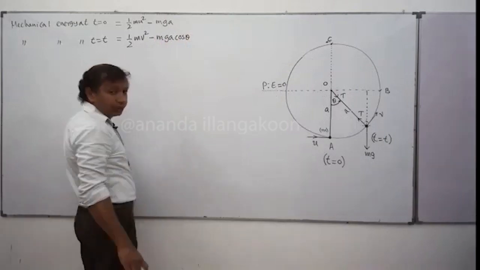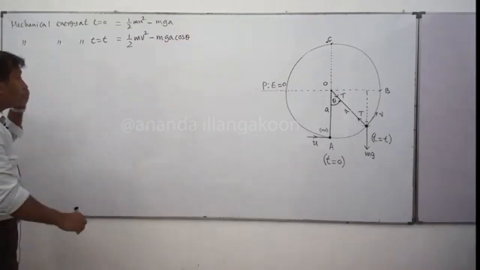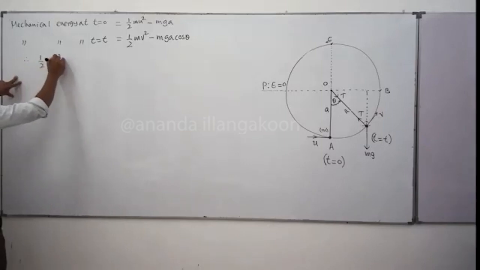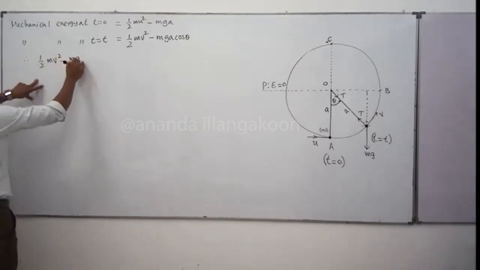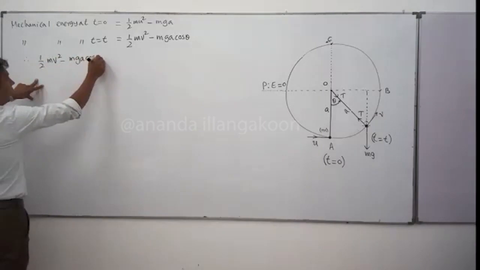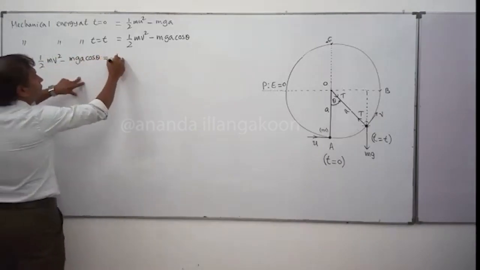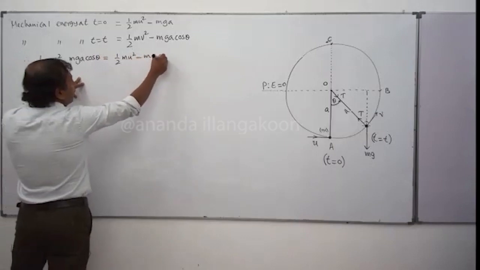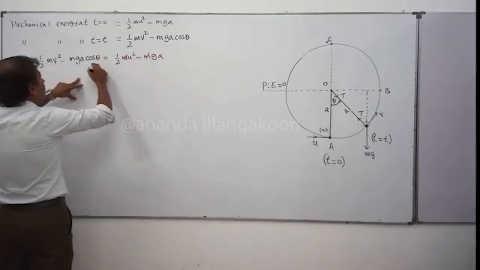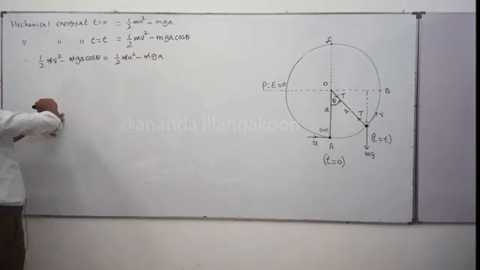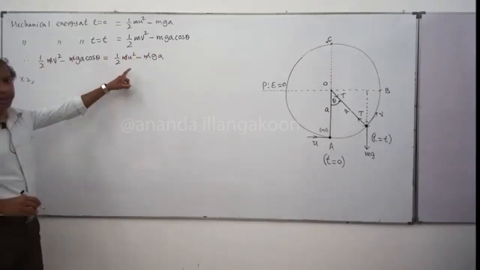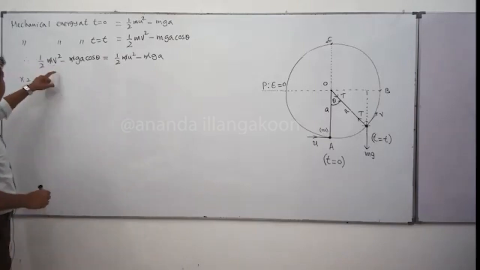Okay? These two must be equal. Therefore, we can write half mv squared minus mgA cos theta is equal to half mu squared minus mgA. The m you can cancel. Then multiplying by 2 and taking this term to the right hand side, you can make v squared the subject.